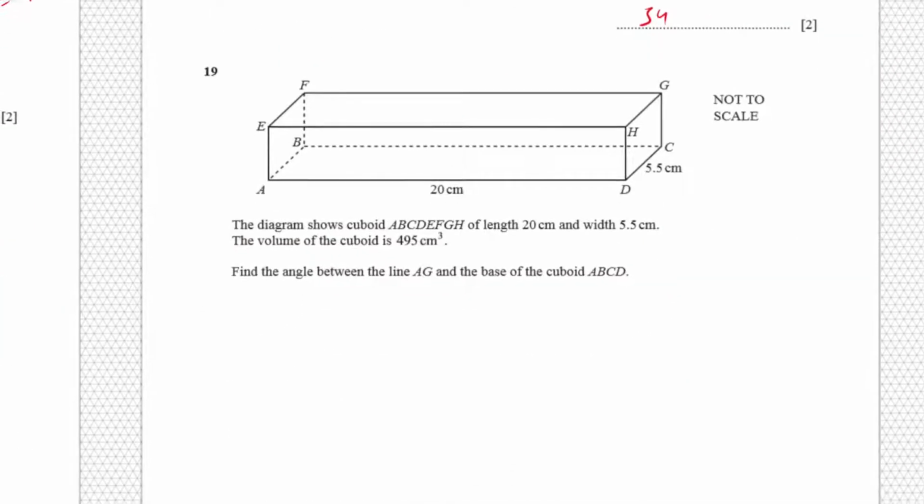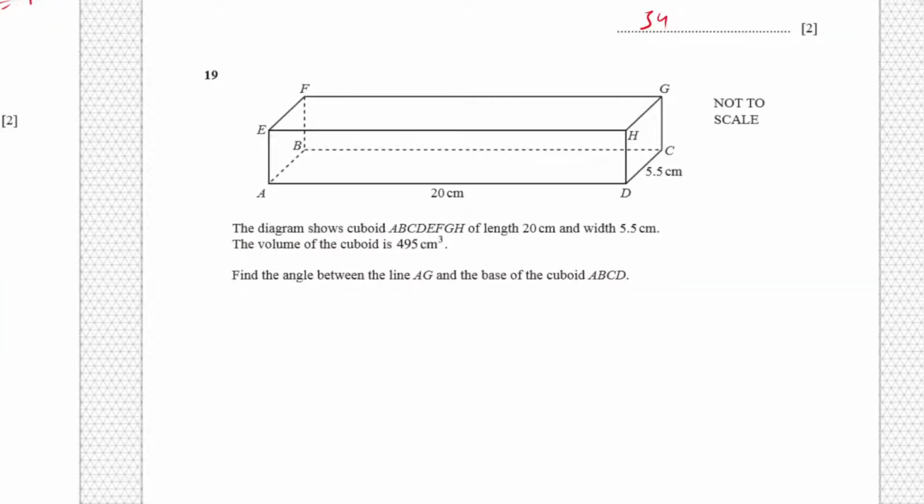Next question, 19. The diagram shows cuboid ABCDEFGH. It's pretty long. Almost half of the alphabet's covered. The length is 20 centimeters, the width is 5.5, and the volume is given. How do you find volume?